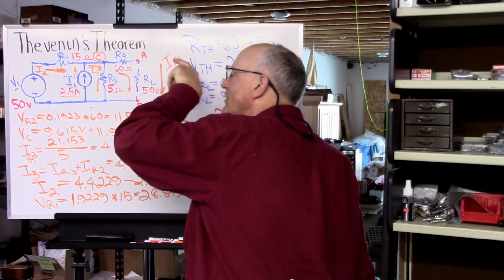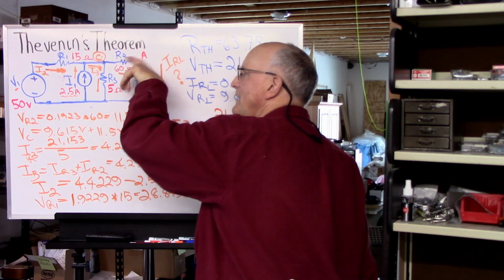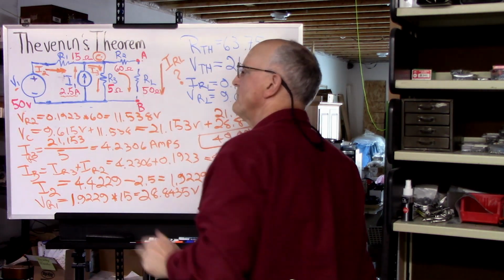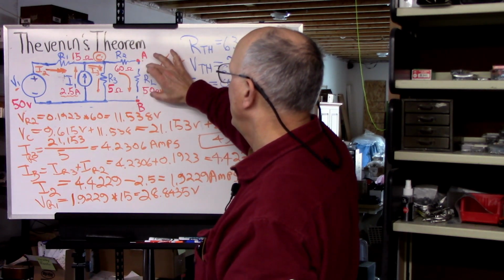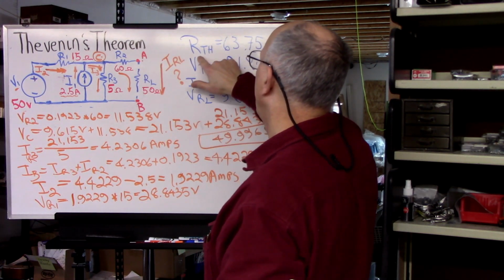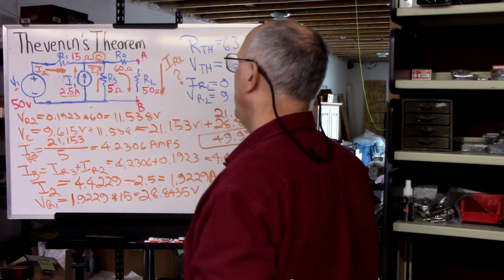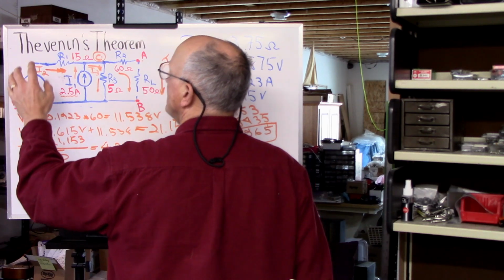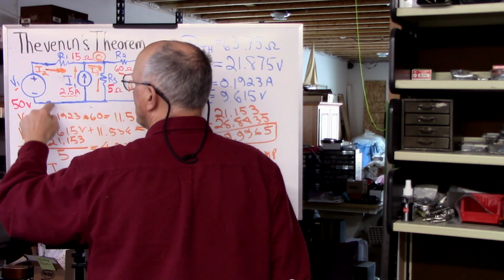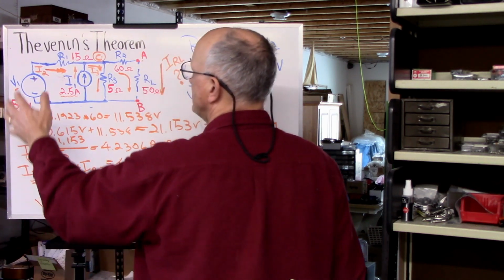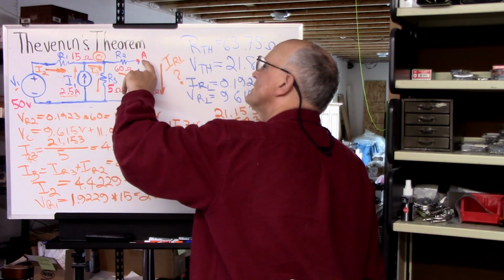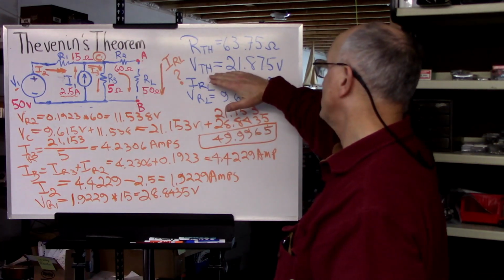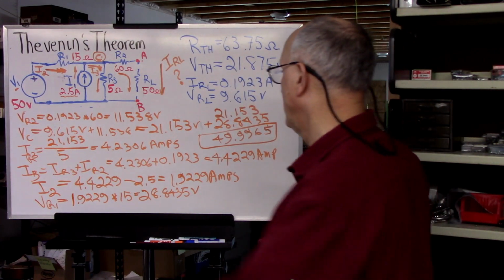And then as you're looking in from A and B, you calculate the equivalent resistance of what's left over, leaving RL disconnected, and that's R Thevenin. Then you reconnect your current sources, take the short out and reconnect your voltage sources, calculate the open circuit voltage at A and B, and that becomes V Thevenin.